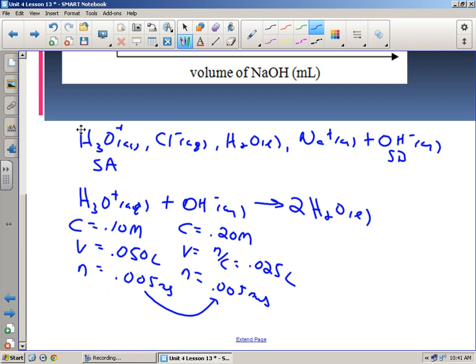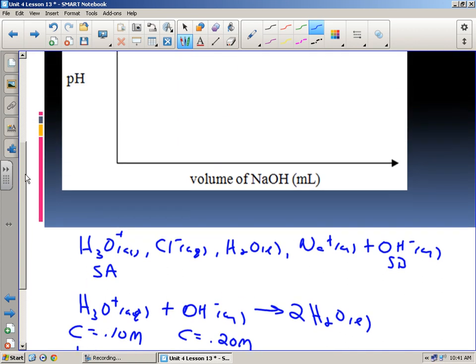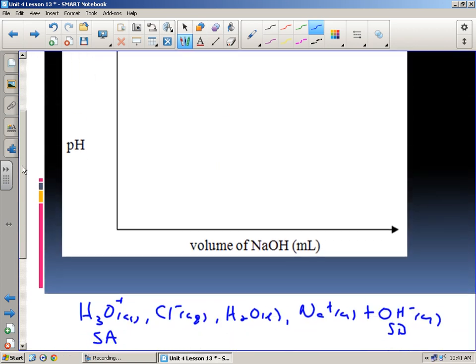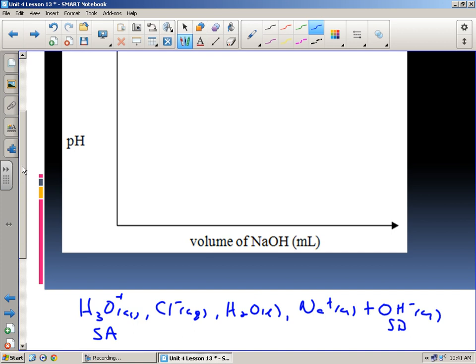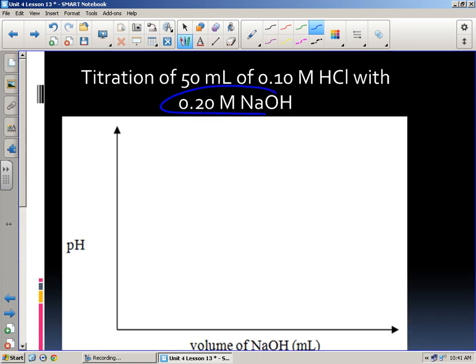Okay? What I've done here is basically found the endpoint, at 25 milliliters, or the equivalence point if you wish, whatever. For this particular graph, if I wanted to graph this, this is the titrant, which means that's going to be in the burette.